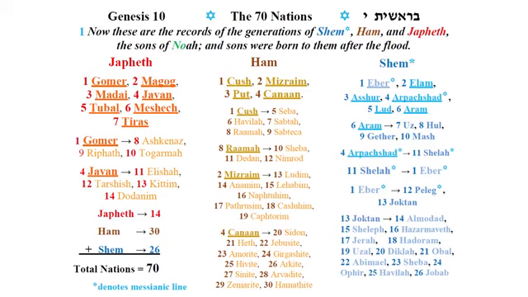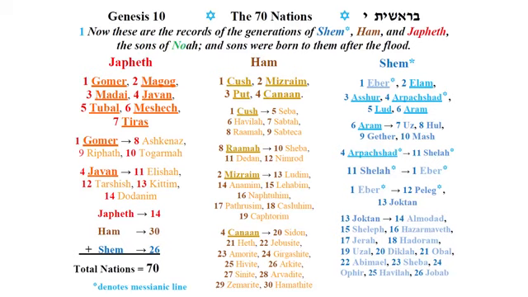Okay, Cush is one of Ham's sons. Cush is the area below Egypt. Sudan, Ethiopia area. Mitzrayim is Egypt. Put is like Libya, Algeria. Canaan was kind of in the promised land there. And you'll see some famous people from some of these. Okay, looking under Japheth, Magog.